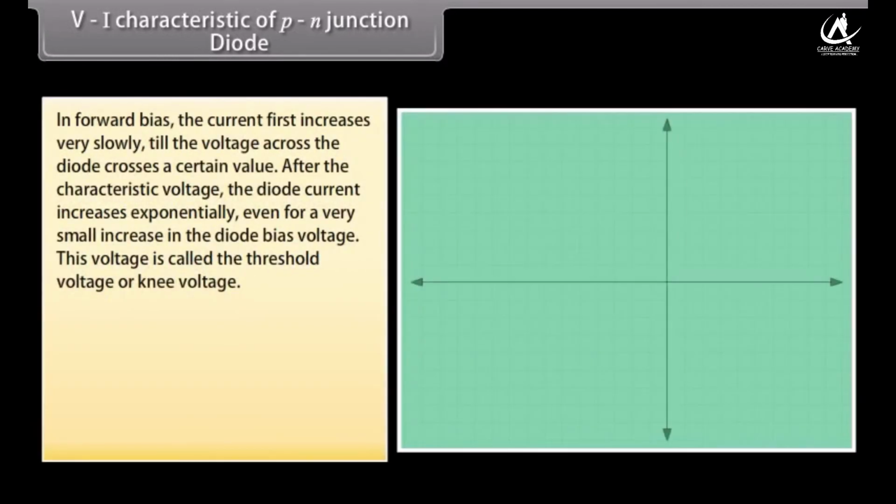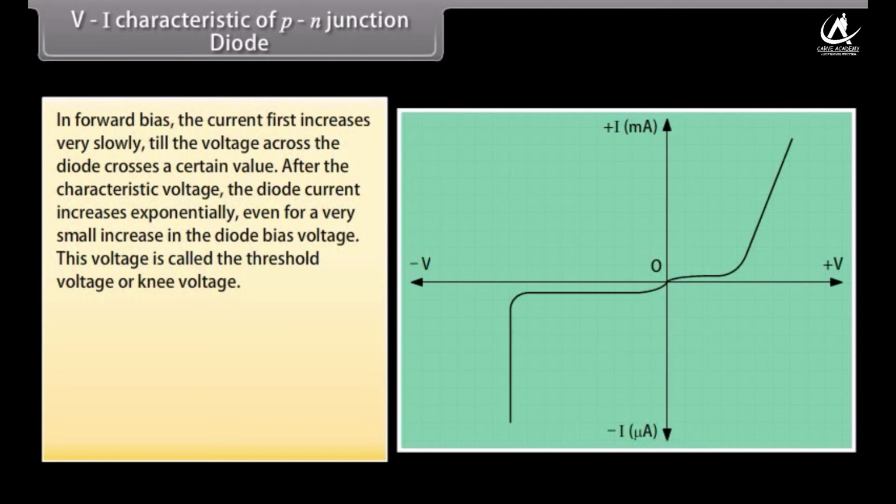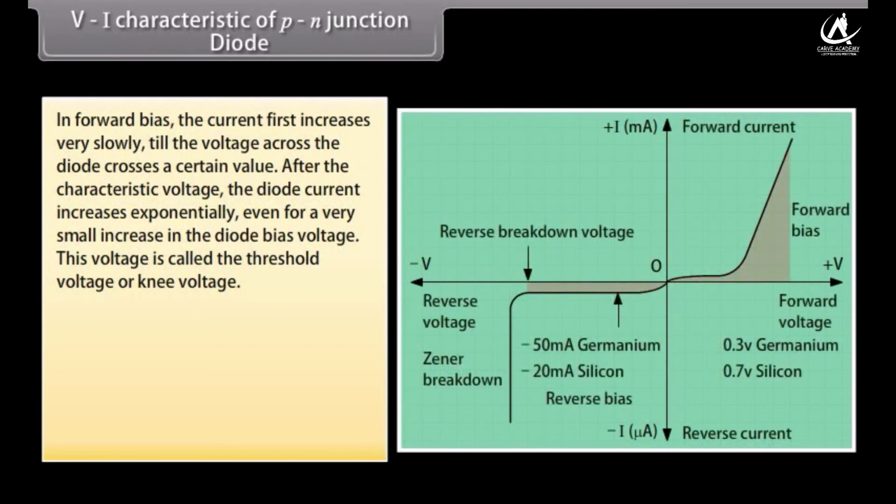IV characteristic of PN junction diode. In forward bias, the current first increases very slowly till the voltage across the diode crosses a certain value. After the characteristic voltage, the diode current increases exponentially, even for a very small increase in the diode bias voltage.